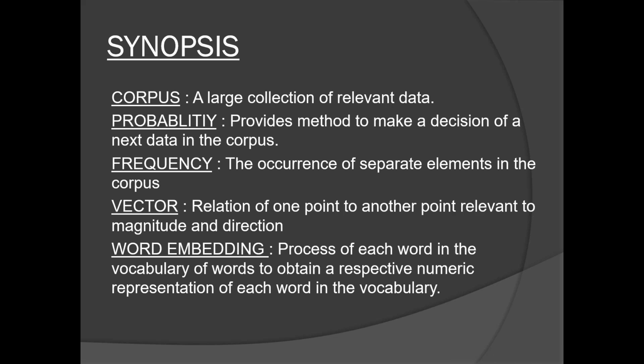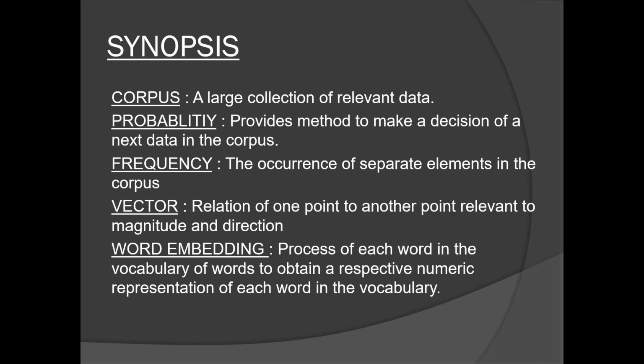Vector. This is a mathematical term. So we could define vector as the relation of one point to another point in space. So let's take a situation of word to word. Let's consider a word as a point, and a relation between two words would also be called a vector. Let's assume vector in the form of matrices also.